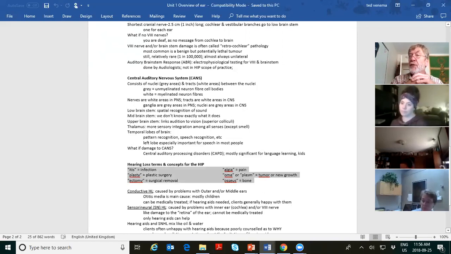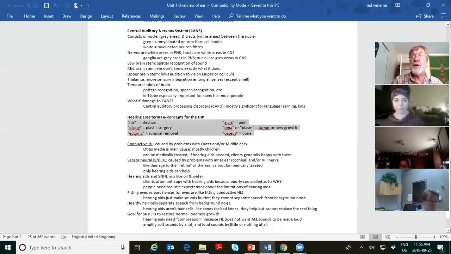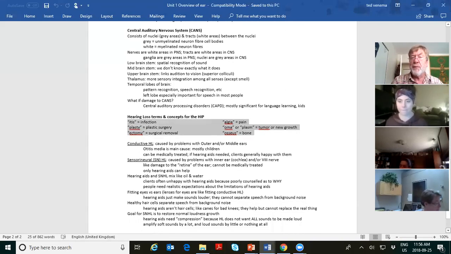So efferent nerves are nerves to your muscles. Okay, nerves to your muscles are efferent, and sense nerves like vision, touch, taste, hearing, those are afferent because sense information goes to your brain and motor muscle information goes from your brain. Okay, afferent, efferent.